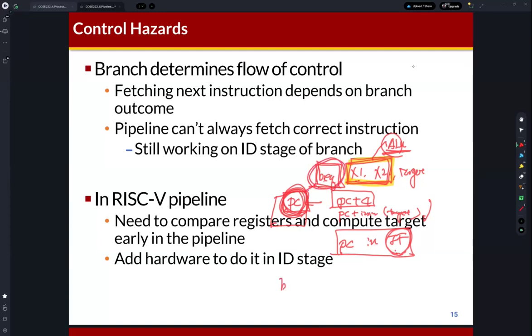If the BEQ is performed, clock cycles are wasted until we know the real value of PC. So this is called the control hazard.